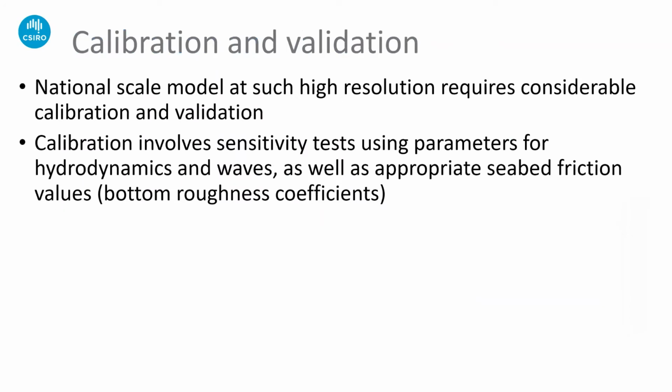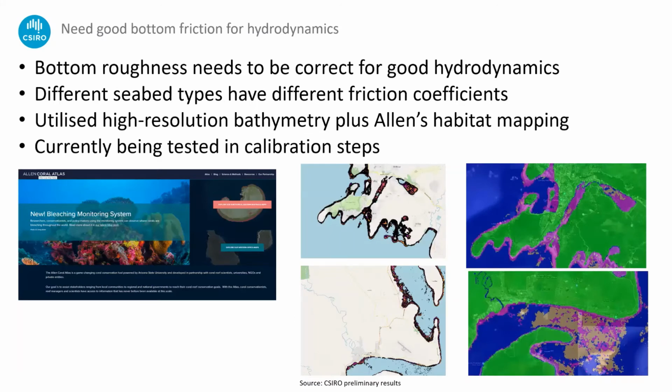The other thing that's really important is that having this national scale model at such high resolution requires considerable calibration and validation, with a lot of processes to take into account and get right. The calibration involves sensitivity tests trying different parameters for hydrodynamics and waves, as well as getting appropriate seabed friction values, which are known as bottom roughness. Different seabed types have different friction coefficients, and we've utilized that high resolution bathymetry from EOMAP.